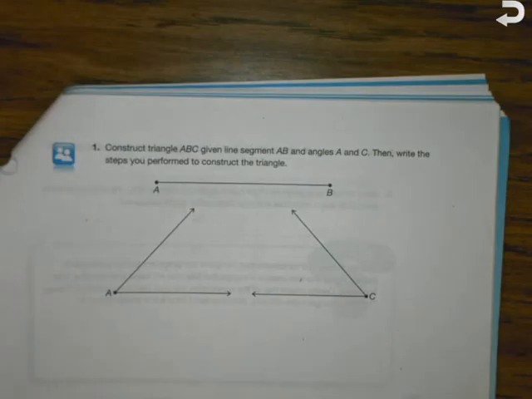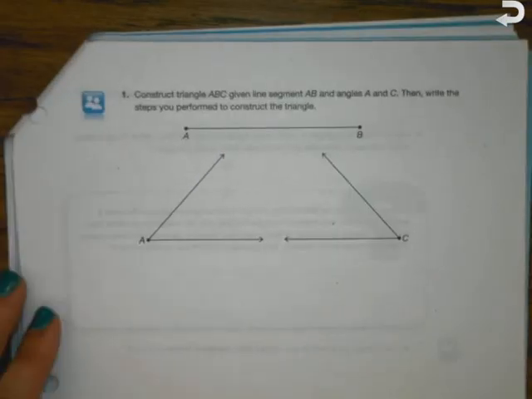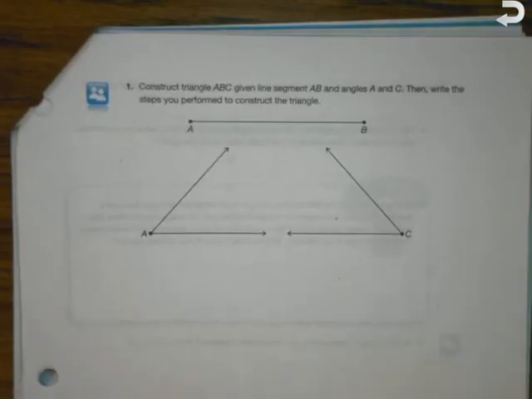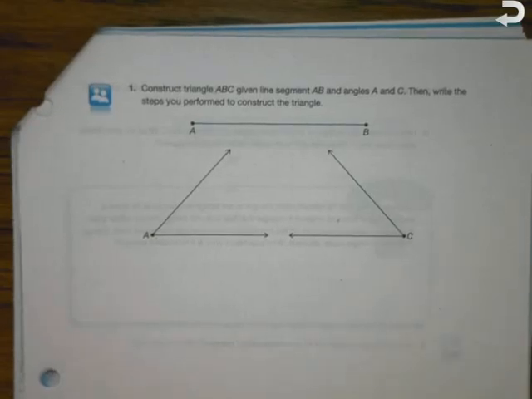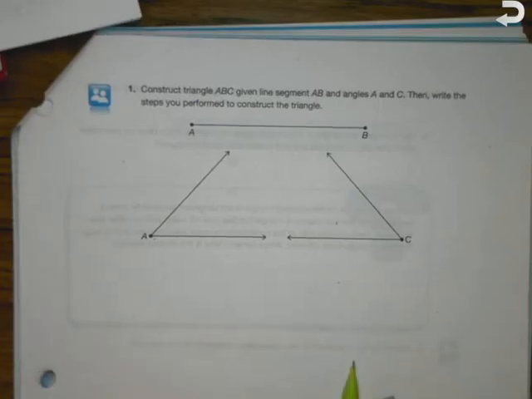So we need to construct ABC, and I'm giving you angle A and angle C. So what do you guys think the first step will be? Draw the line. Draw the line. That's always the easiest one, right? So let's construct the starter line.